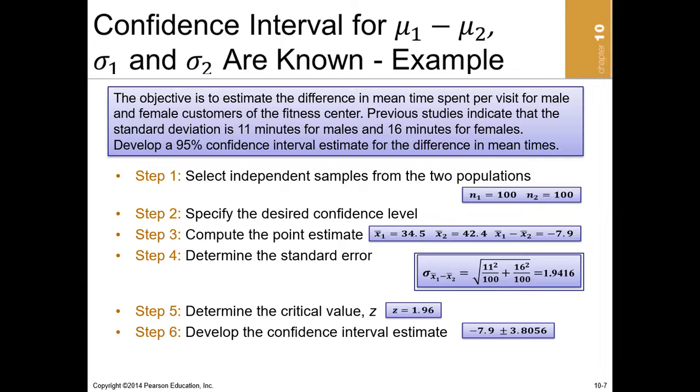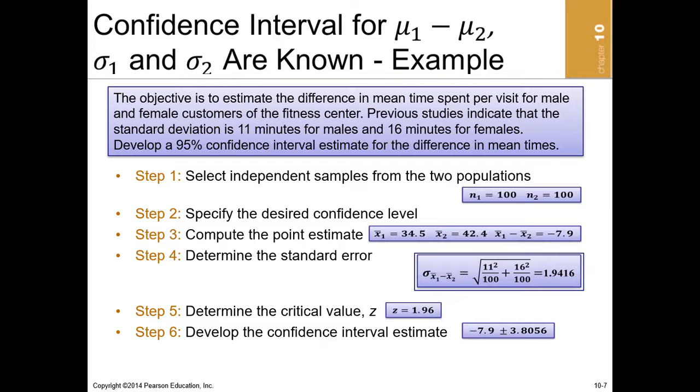So we can denote male as group 1. And then the standard deviation for female is 16 minutes. So these are the population standard deviations for group 1, which is male, and group 2, which is female. Develop a 95% confidence interval for the difference in mean times.